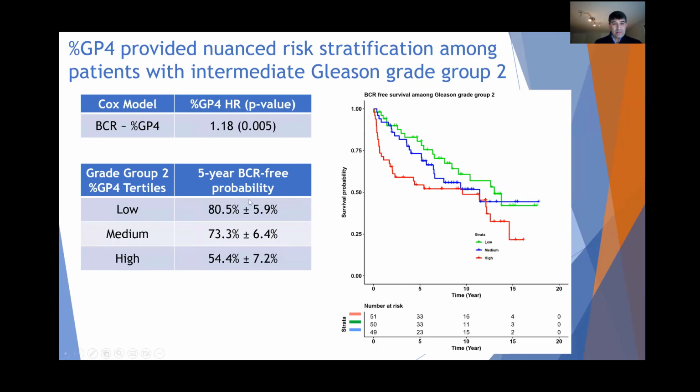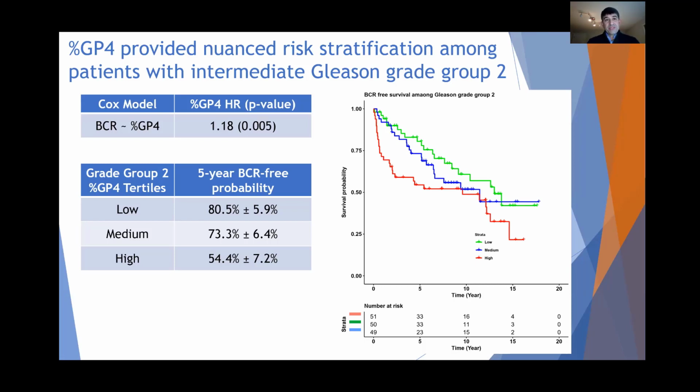Here, with this hazard ratio of 1.18, each increase of 10% in the grade pattern 4 percentage was associated with a 1.18-fold increased risk of recurrence. And to show this visually, we split the grade group 2 tumors into low, medium, and high based on tertiles of the grade pattern 4 percentage.